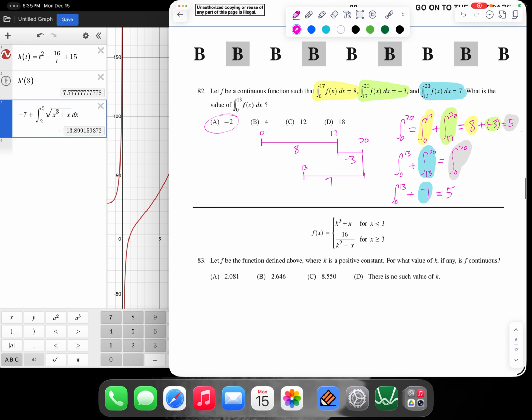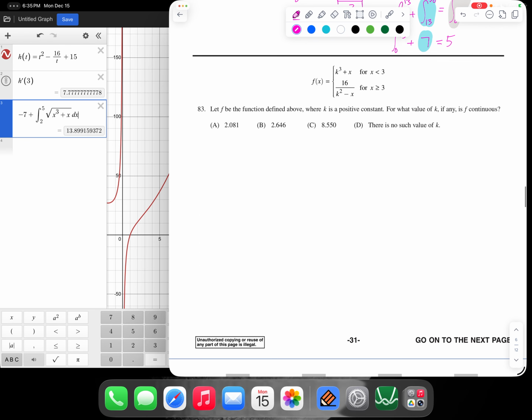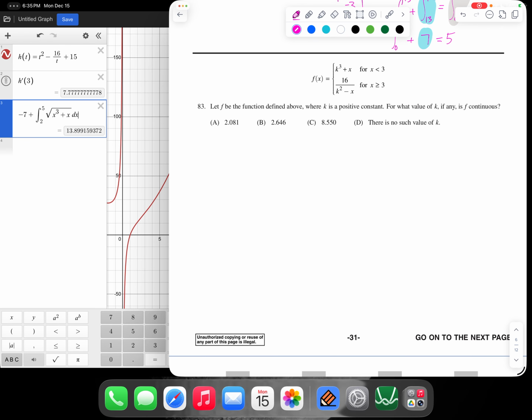Now the next one, where it looks like we might need Desmos, is 83. Let f be the function defined above where k is a positive constant. For what value of k is f continuous? All right, well, this will be continuous if when x is equal to 3, the y value is the same for each of these pieces of this piecewise function.